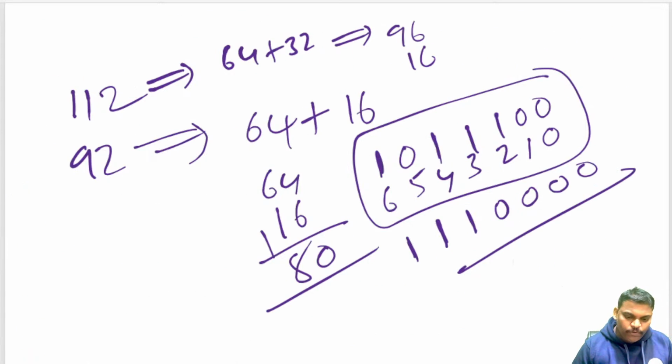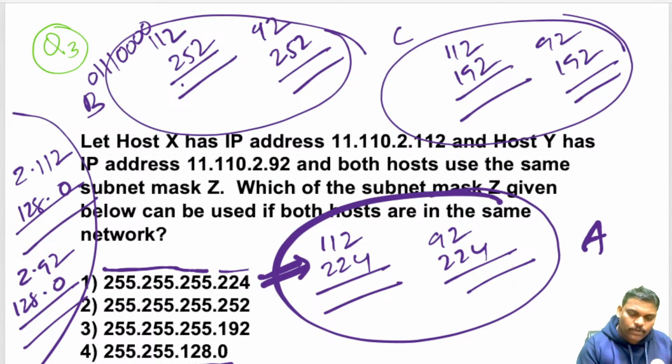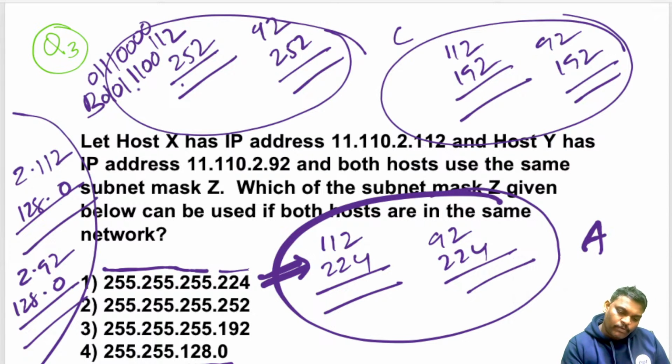92, if you observe, is 101 1100. You check one time, whatever will come. So what is the answer?